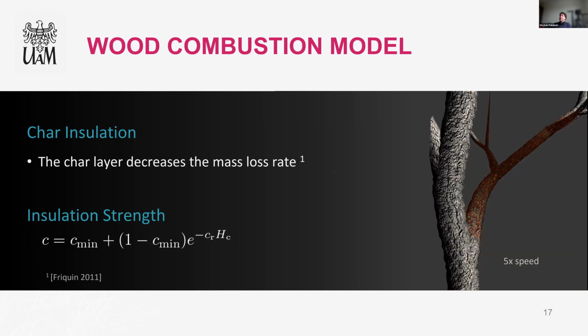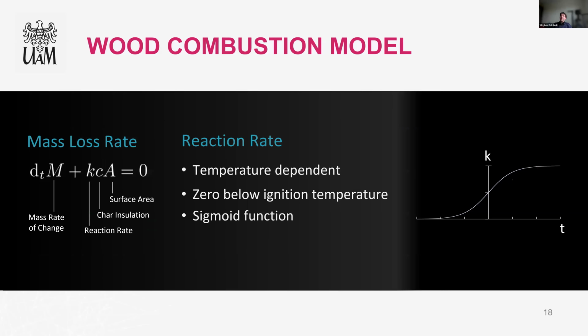Here the insulation strength is essentially a function over the char layer height HC, and we assume there is a minimal C min variable where our surface element would have the maximum insulation strength, and assume an exponential relationship between the thickness of this char layer and its ability to insulate the wood from the fire.